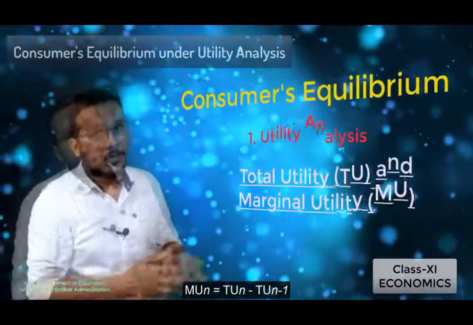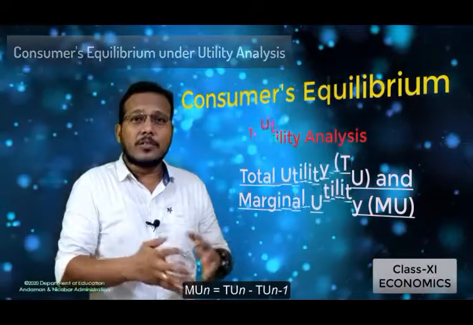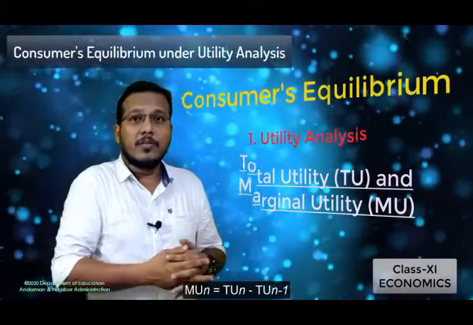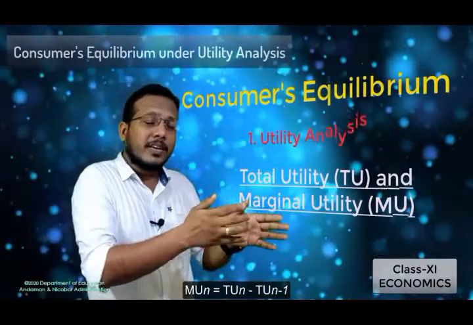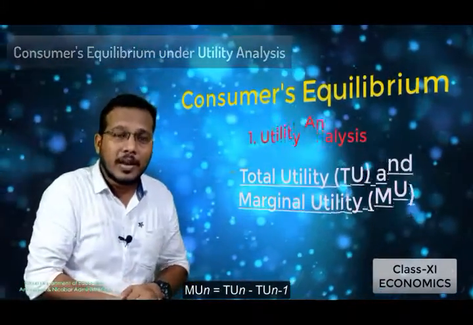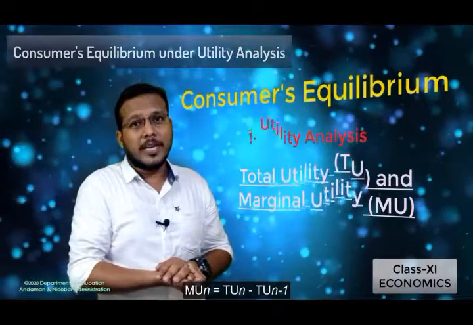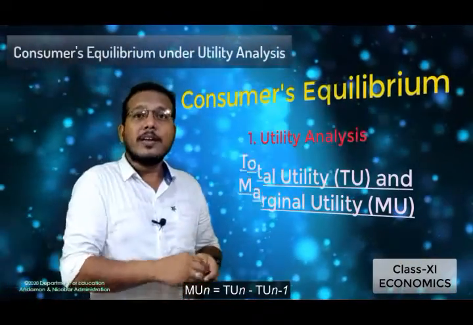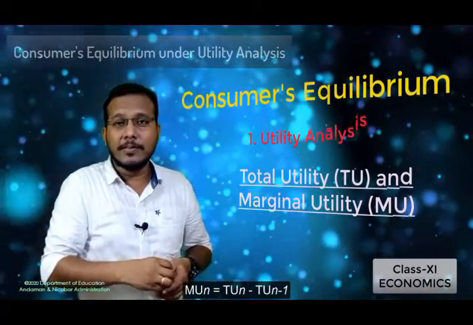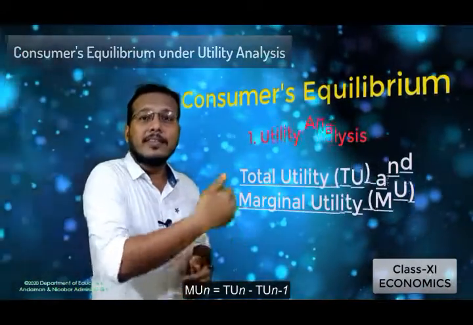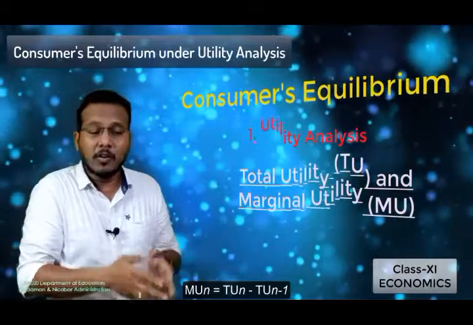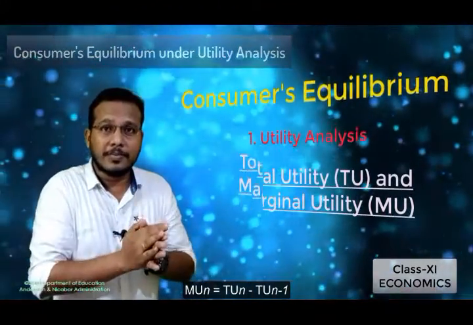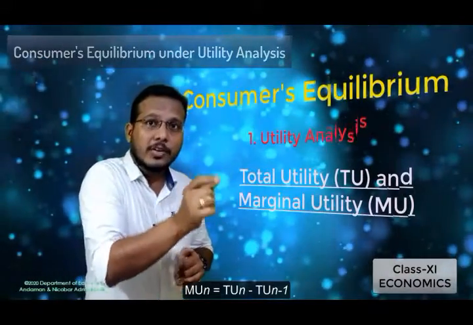With that formula, we can very easily calculate the value of MU and TU. When we have the value of TU, we can easily calculate the value of MU at every unit of the commodity. So MU of nth unit equals TU of n minus TU of n minus 1. n stands for the nth number, it may be the first unit, second unit, third unit or fourth unit, that is the nth unit consumed.